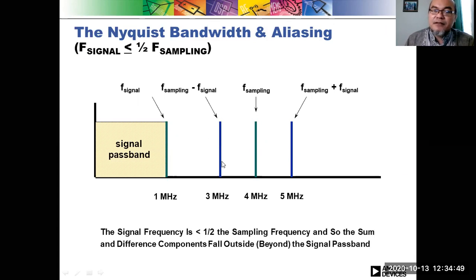F sampling minus F signal is 4 minus 1, 3 megahertz. 4 plus 1 is 5 megahertz. The signal frequency is less than half of the sampling frequency, so the sum and difference components fall beyond the signal passband. No problem, it can still reconstruct the original signal.